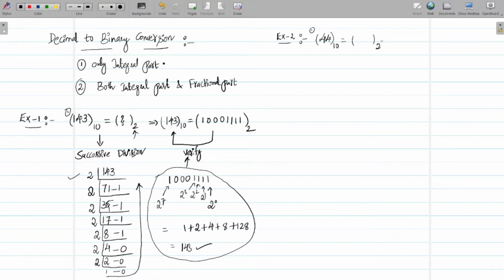Binary has base 2, hence I am writing 2. How can you do it? First you need to consider the number given in the problem, and divide that by the base to which you need to convert. I want to convert a number represented in the decimal number system into a binary number.